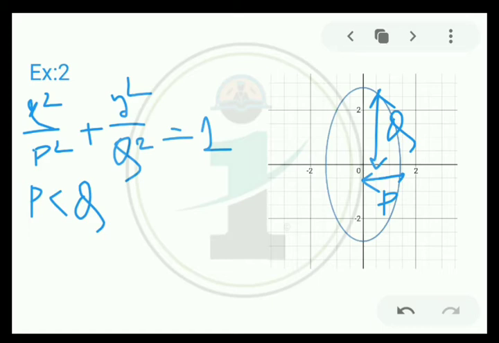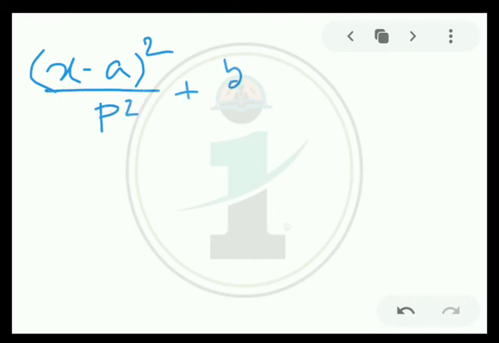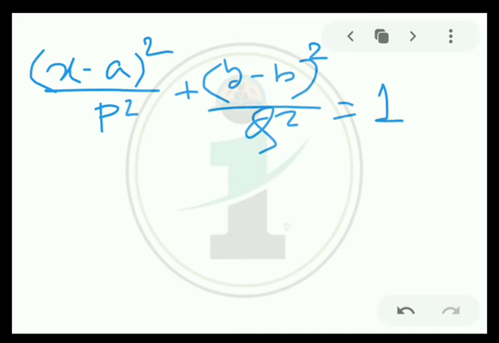Now I have to tell you something special, that is, in general we know the equation for an ellipse is like this. Now if p equals q, then let us say this is r.